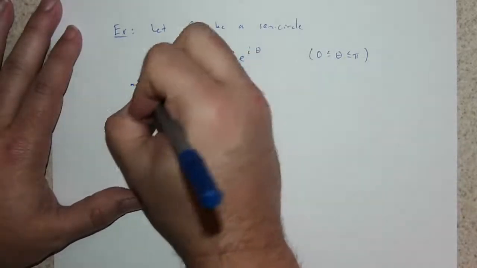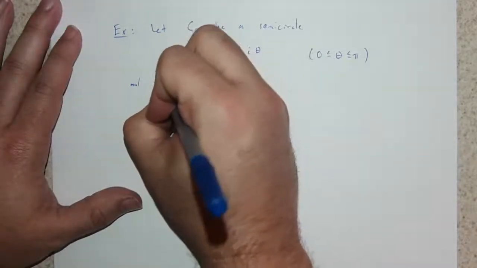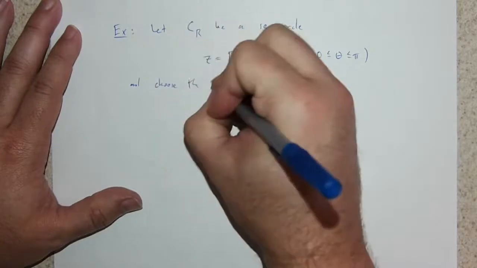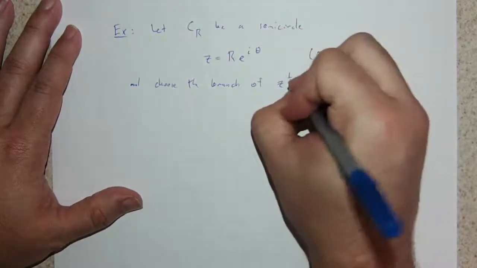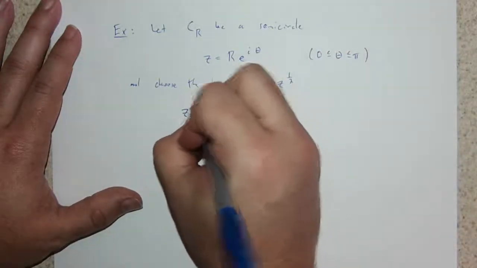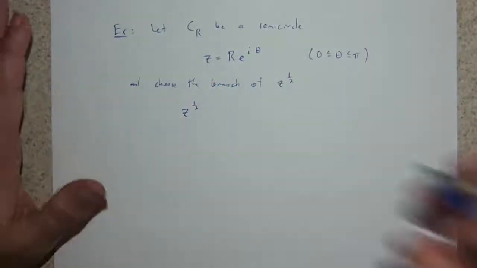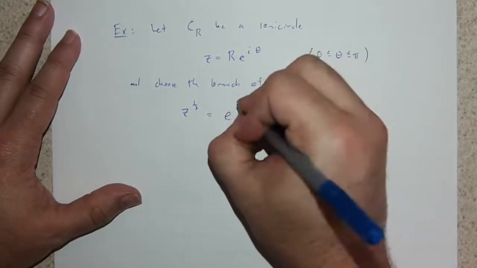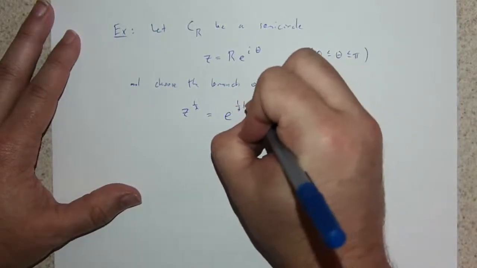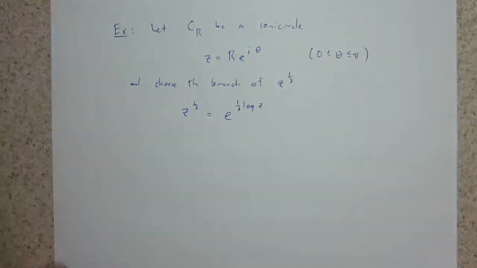And choose the branch of the square root of z in the following way. We'll say that z to the 1/2 is e to the 1/2 log z.